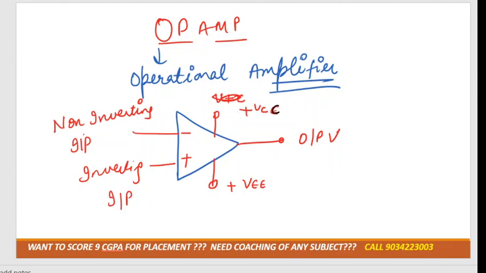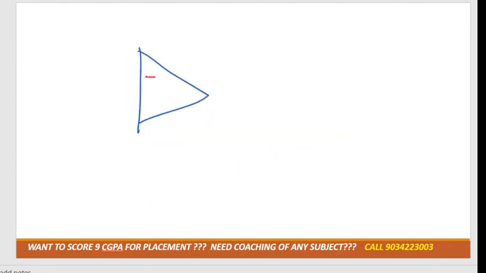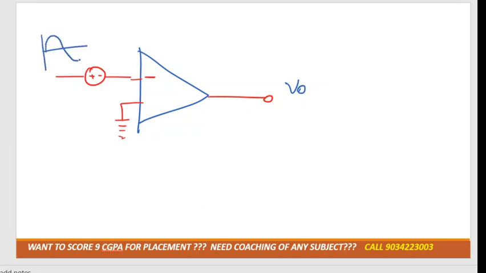Suppose I connect the voltage to the negative terminal, and the positive terminal is grounded. Then what would the output voltage be? If we give the input in this phase, we get the output in the opposite phase, because we connected it to the negative terminal.